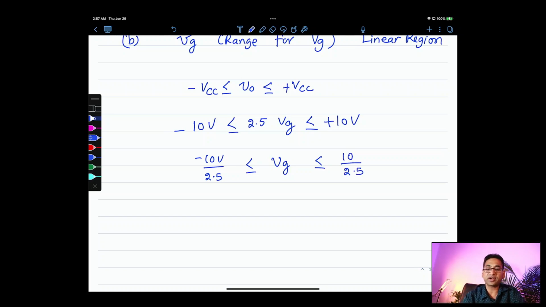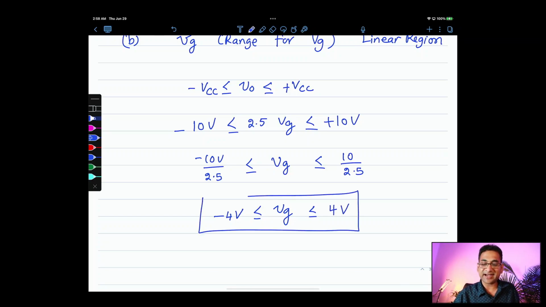All I've done is divide all the terms by 2.5. So it turns out that Vg should be greater than or equal to negative 4 volts and less than or equal to positive 4 volts.